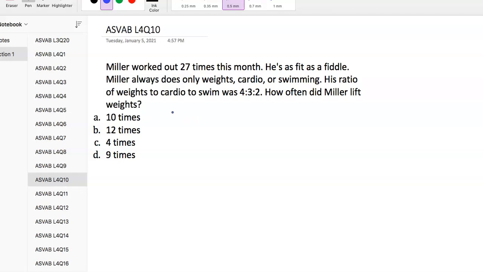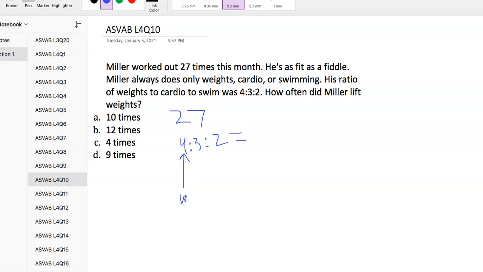So let's see here. We have 27 times working out, right? And then we have this 4 to 3 to 2 ratio. Within this 4 to 3 to 2 ratio, the 4 part is weights.